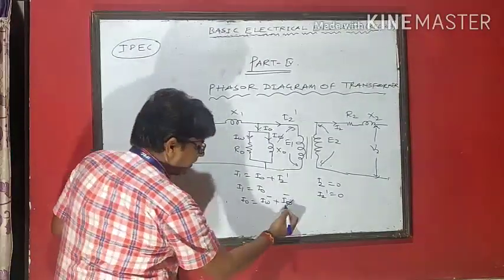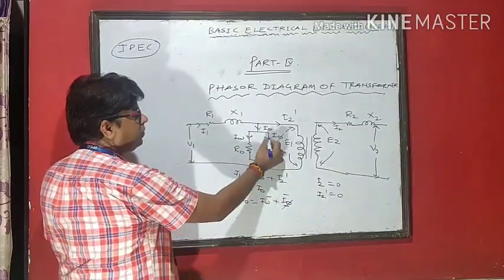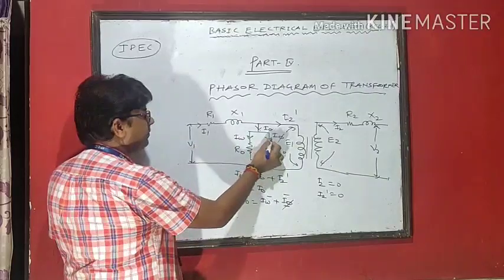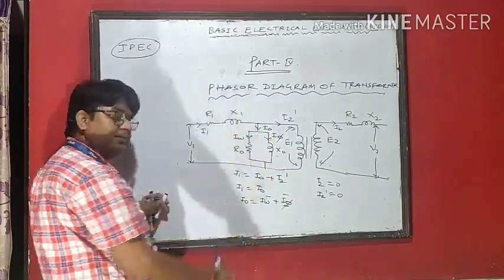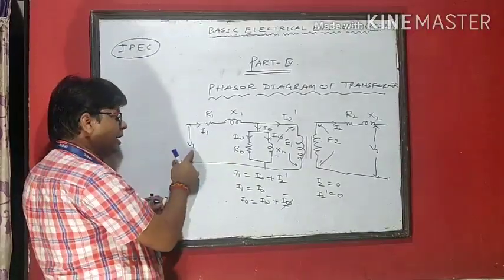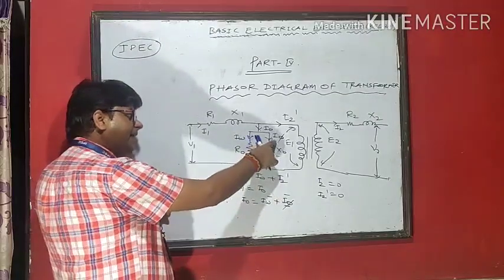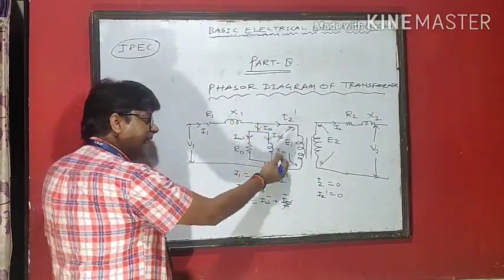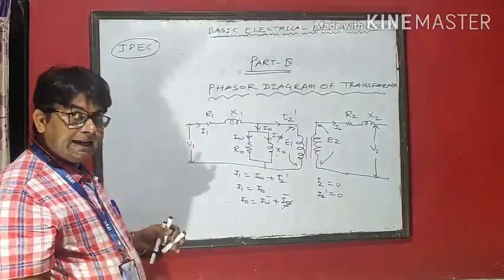In the case of the magnetic circuit, that is I phi, there is 90 degrees between IW and I phi. Because voltage V1 and IW are in the same phase, and I phi is the magnetizing effect, that means reactance X. In the case of reactance, current lags or leads.